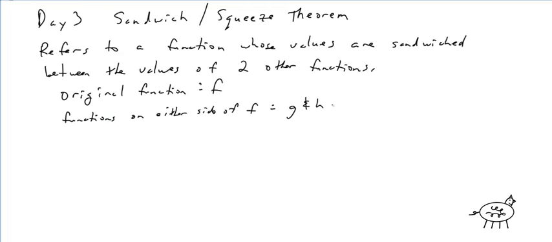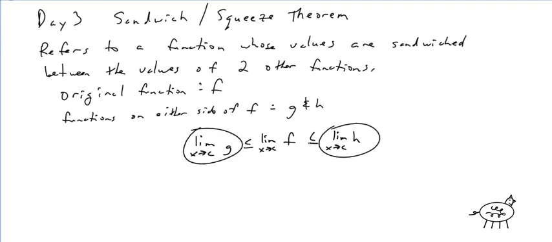We can say that the limit as x approaches c of g, if these limits are the same, equals the limit as x approaches c of h, then the limit as x approaches c of f is going to be between those two. We just need to establish that.